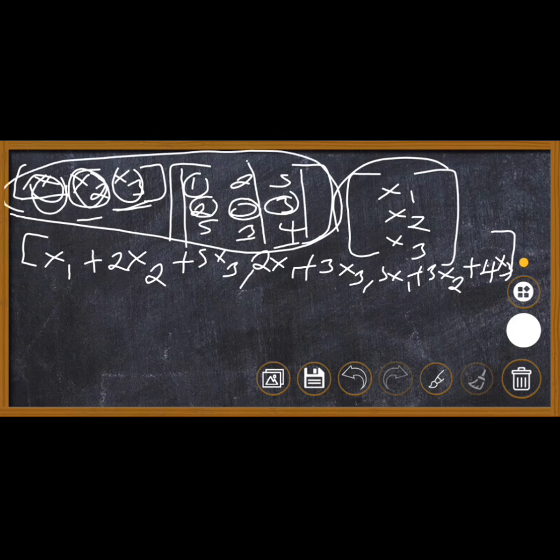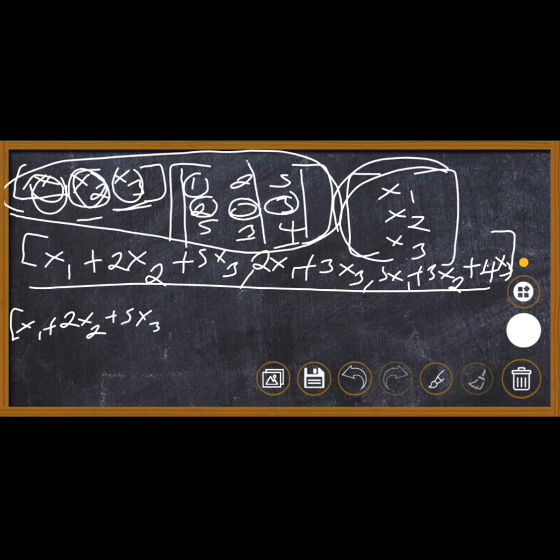Okay, so in this case then, let me just also multiply with this. For the sake of space here, I will just rewrite what we have here down there. So we have x1 plus 2x2 plus 5x3, comma, 2x1 plus 3x3, comma, then we come to 5x1 plus 3x2 plus 4x3.